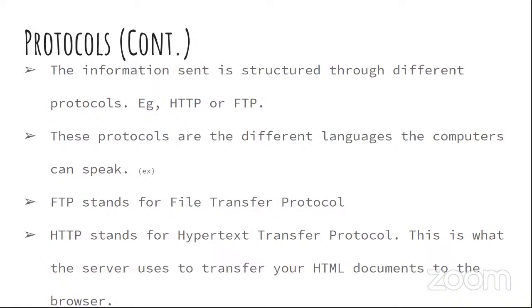They can probably speak English. So if they can both speak English, they decide to use English to communicate with each other. Now a server and a client can decide to use HTTP or FTP to communicate with each other.